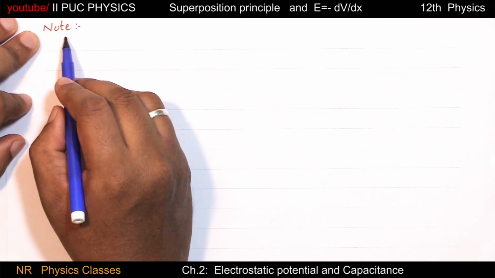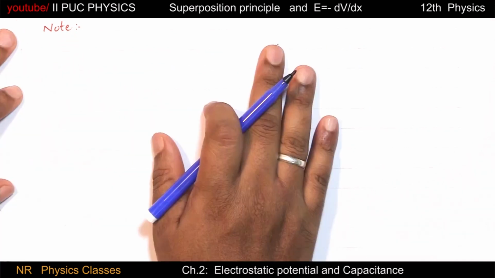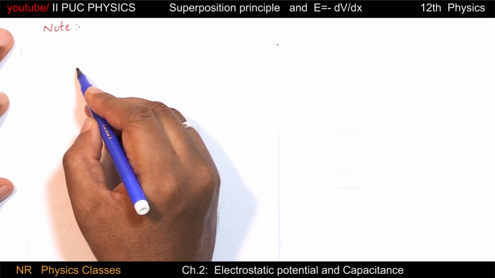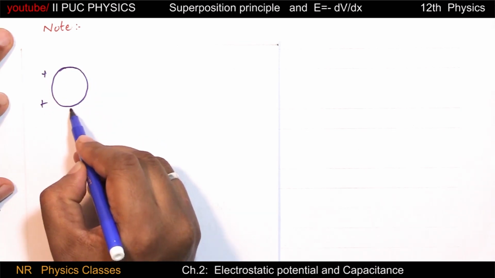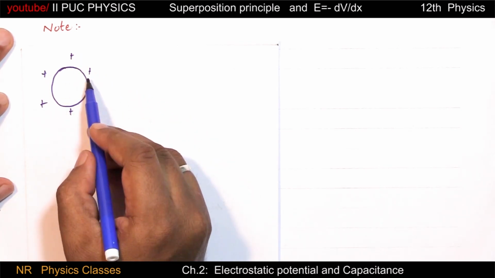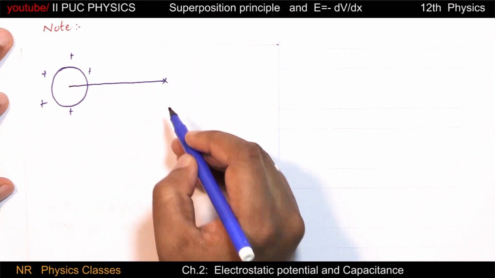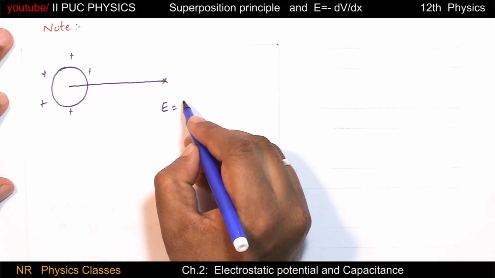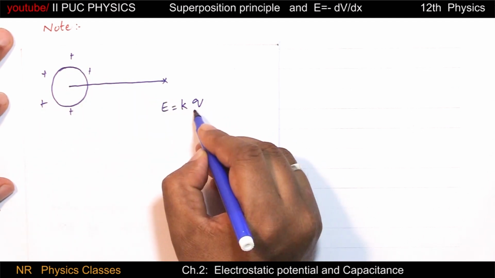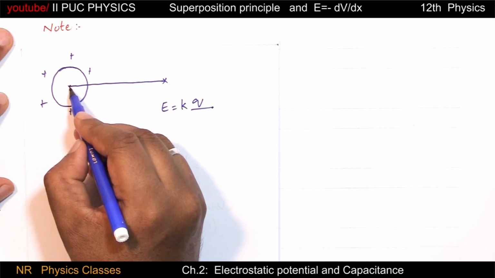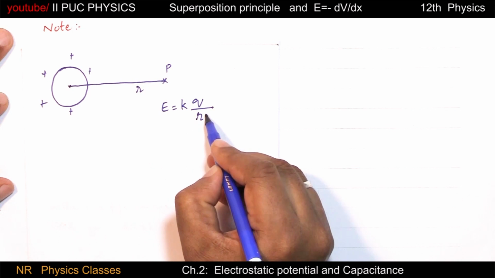Now note the potential due to a charged shell. In the previous chapter, with respect to a charged spherical shell, using Gauss theorem, we proved that the electric field at a point outside the shell is E equal to constant times the total charge on the shell divided by the distance from the center to point P. This distance is r, so r square.